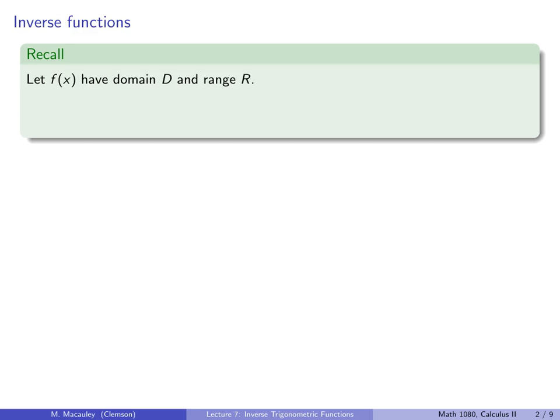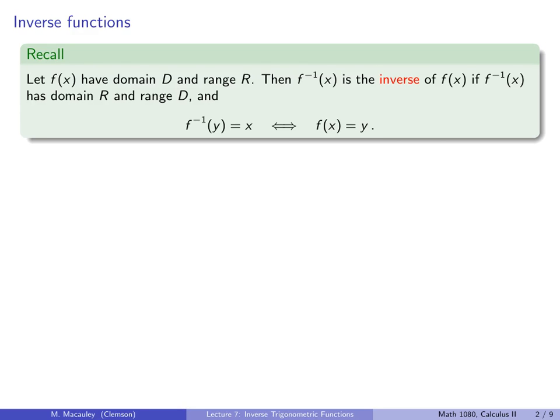Suppose we have a function, f of x, whose domain is D, the input, and whose range, the output, is R. Then f inverse of x is the inverse function of f of x if it has, first of all, domain R and range D. These two things are flipped.